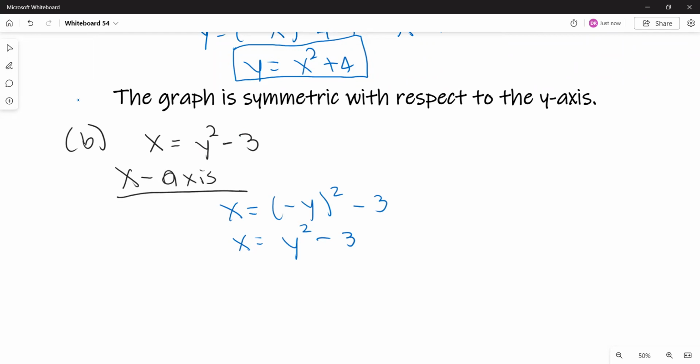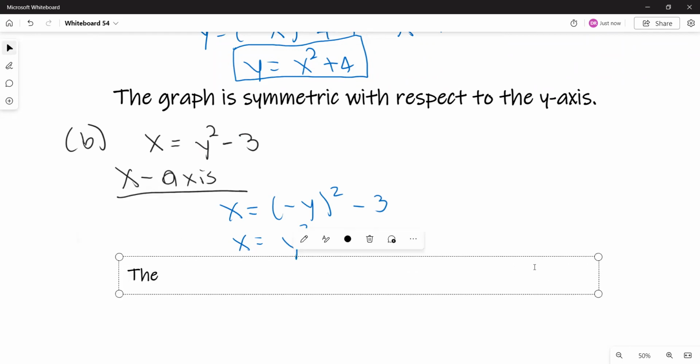So we ended up with the same equation as the original equation. So this is symmetric. The graph is symmetric with respect to the x-axis.